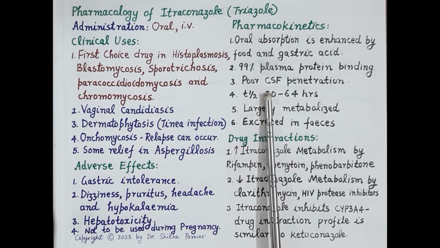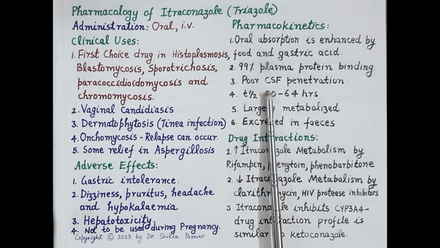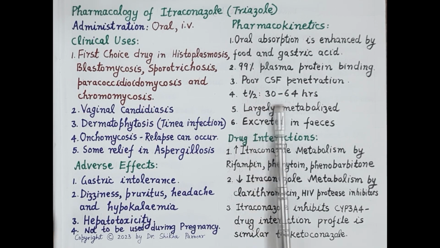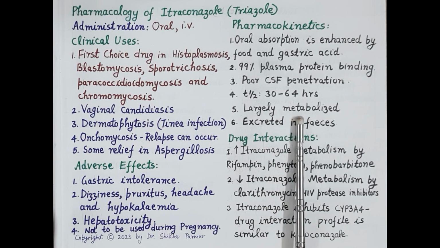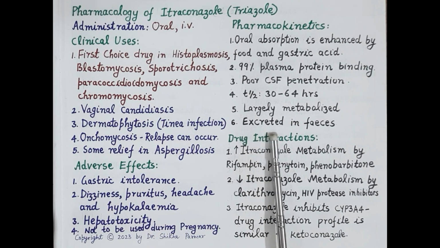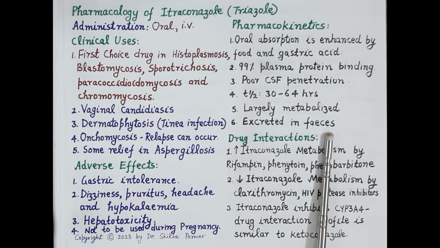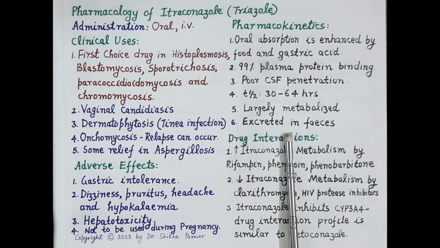Unlike fluconazole that had good CSF penetration, itraconazole does not penetrate the cerebrospinal fluid, and it has a very long half-life of 30 to 64 hours, and it is largely metabolized, and unlike fluconazole that was excreted in the urine, itraconazole is not excreted in the urine. So these are the important pharmacokinetic features of itraconazole.